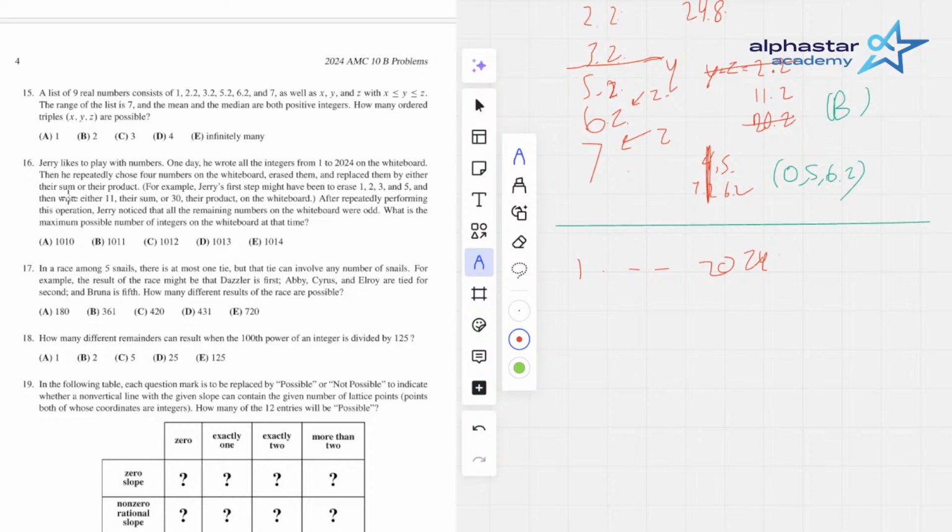So basically, there's a bunch of even numbers that don't affect anything, so we can just combine them. We can say we have infinitely many even numbers. How do we get rid of all the even numbers? There are 1,012 even numbers.